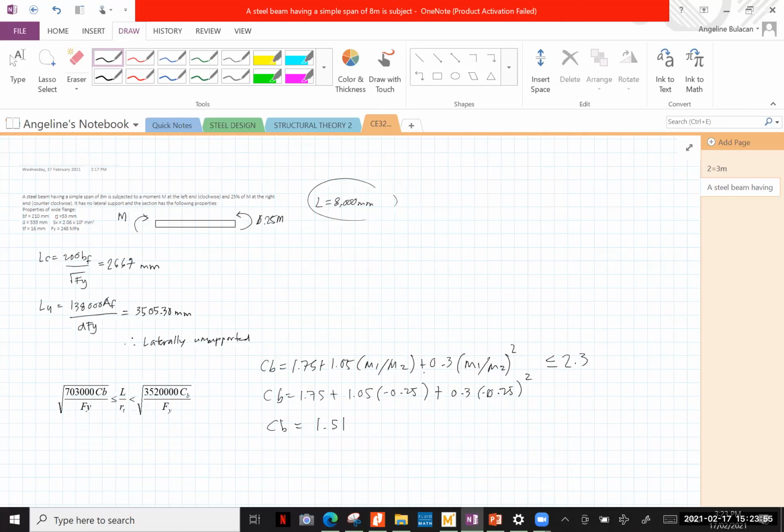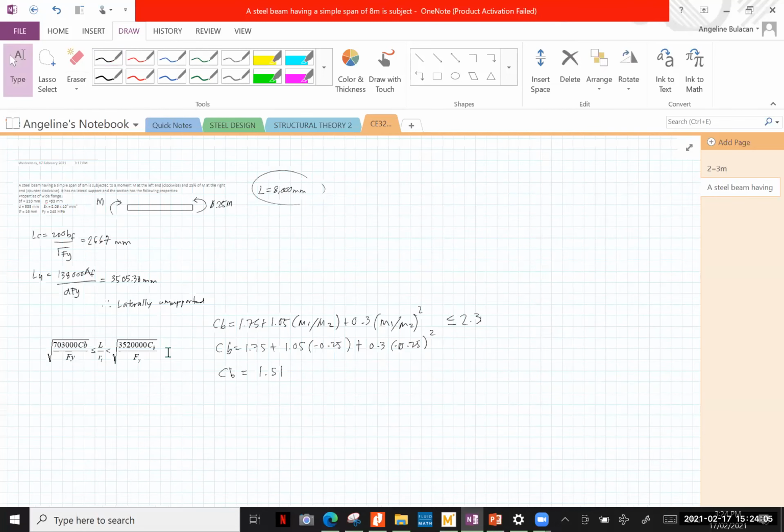So, ang gagawin natin is substitute natin yung values dito. Wala pa pala tayong L over RT. Sorry. L over RT. Balikan natin yung equation.